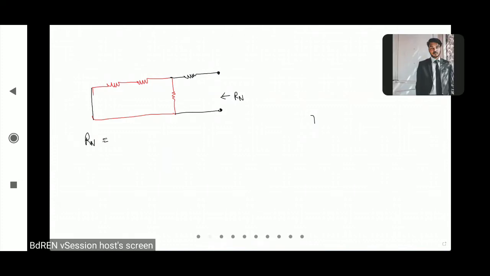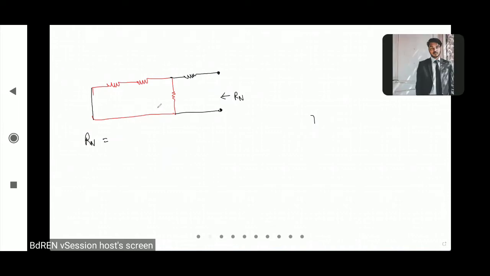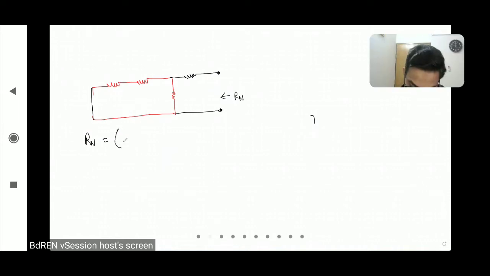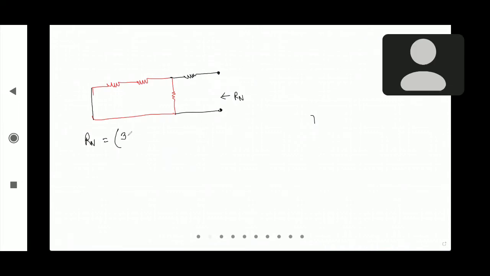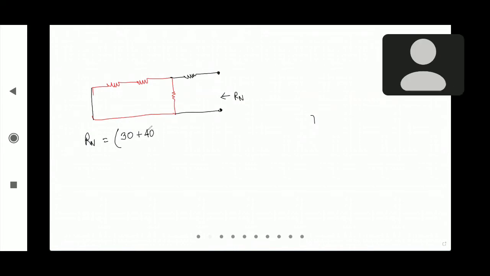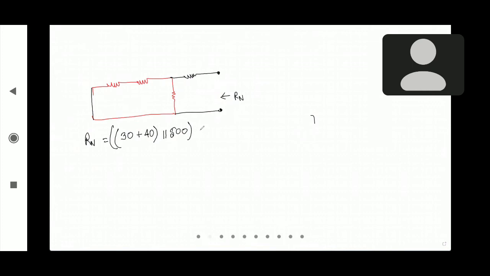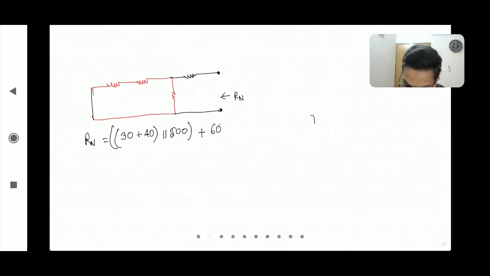Tell me the values, the equation. The value of R1 at 30 ohm plus 40 ohm, 30 plus 40 parallel with 500, then in series with 60 ohm. That is it. Is that the same for all of you?